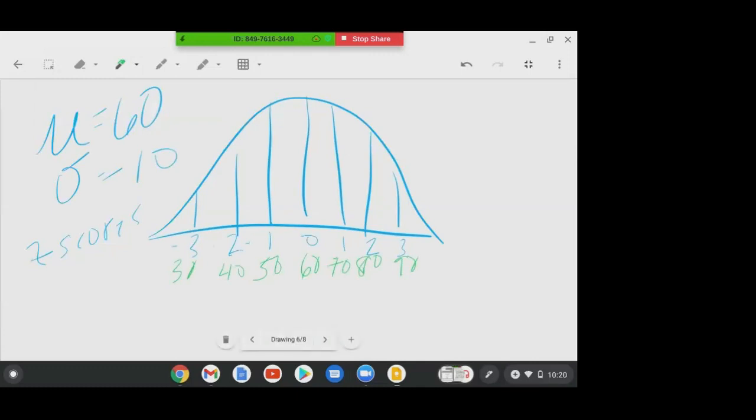So what did it ask me? Oh, it says, I know that 95% scored between blank and blank. So this is where you have to use your plus or minus the standard deviations. So 95% we always know is -2 to +2. So we're going to look over here at -2 is 40, +2 is 80. So 95% scored between 40 and 80.